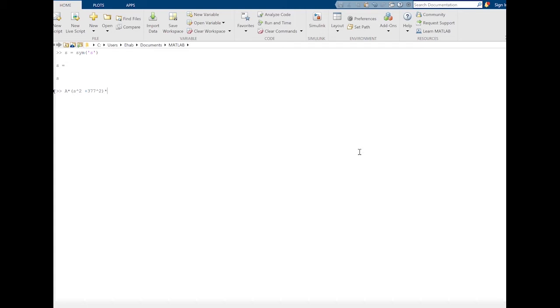And then times the other denominator, which is, I guess we can say, 1e minus 7. That's how you write 10 to the power minus 7 in MATLAB, times s squared plus 1e minus 4, that's 10 to the power minus 4, times s plus 1.